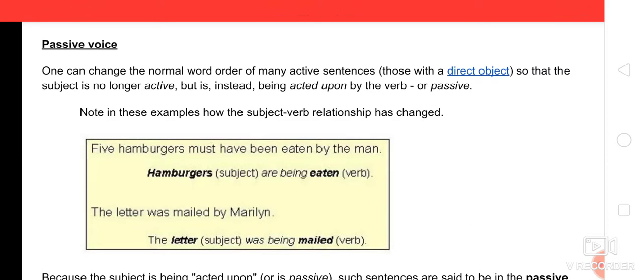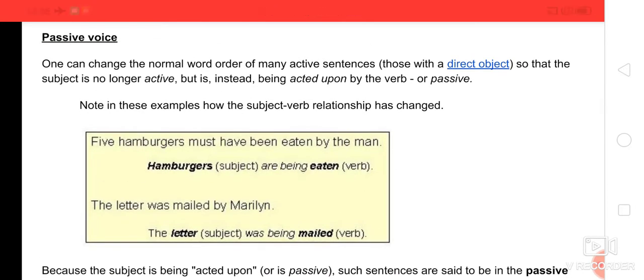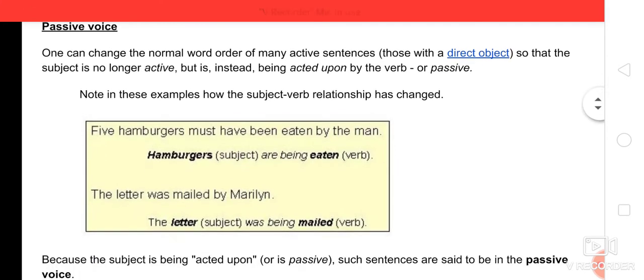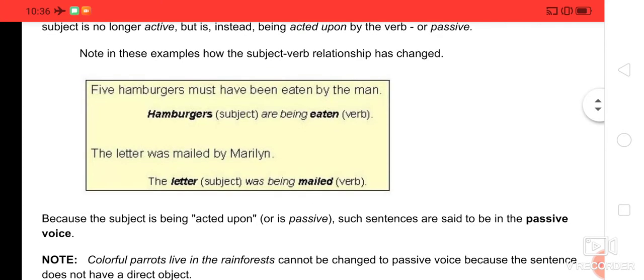So whenever we have a direct object, we can easily change them to passive voice. Here the subject is no longer active, but instead it is being acted upon by the verb. In active voice the subject acts upon the verb, and in passive voice the subject is acted upon by the verb, and that forms a passive voice.